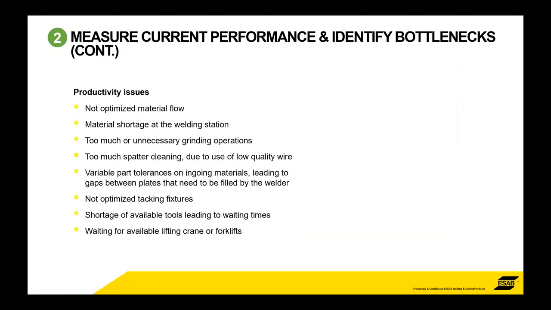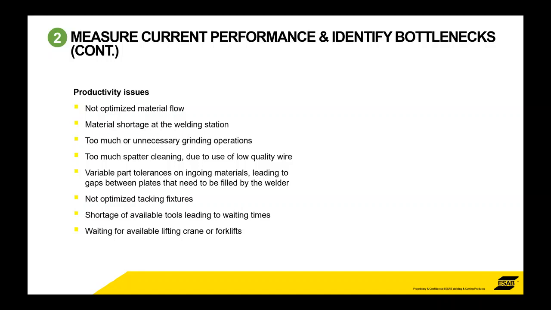And things to look for then. What might be the current issues that you're having? You can look for issues like not optimized material flow, material shortages at the welding station, too much or unnecessary grinding operations, splatter cleaning due to low quality wire, or variable part tolerance of ingoing materials, leading to gaps and so on that each welder then needs to more or less fix.